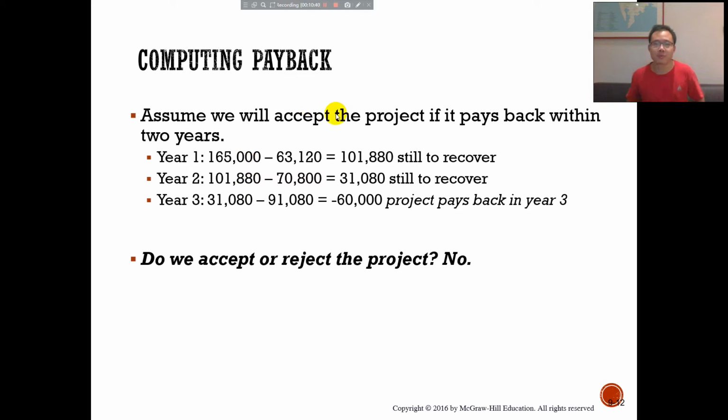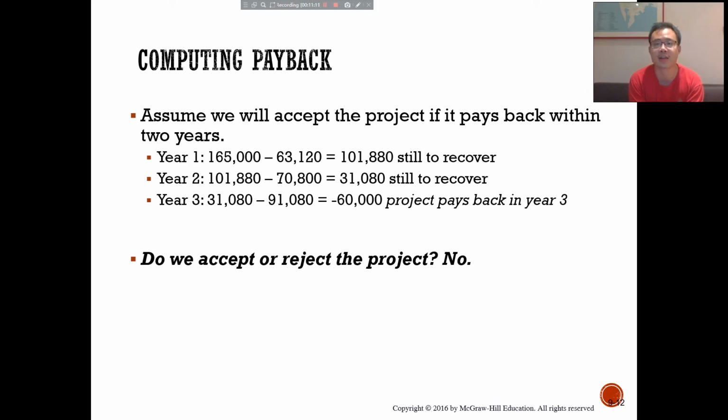So assume that we will accept this project if it pays back within 2 years. Okay? Then in the first year, we have spent $165,000 in year 0. Subtracting the first year's expected cash inflow, we still have 101,880 still to recover.